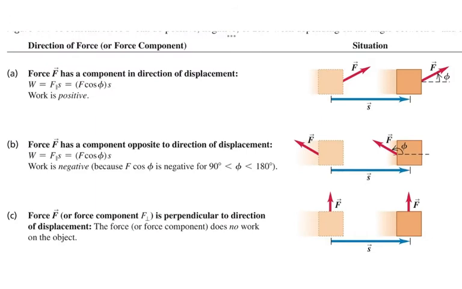When we look at work as force times distance, one important thing to recognize is that when we multiply these together, the force and distance have to be going in the same direction in order for this quantity to exist and be positive. So if you look at the first row in this figure, you can see that the force and the distance are kind of going in the same direction.